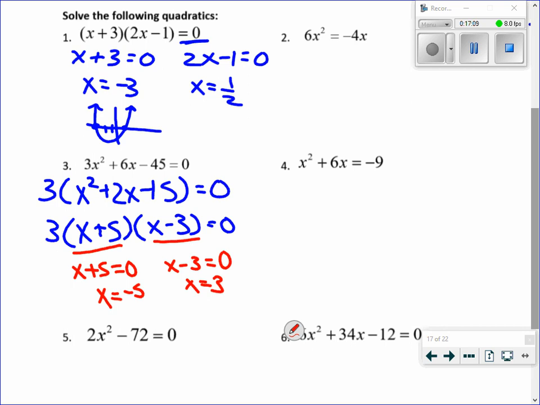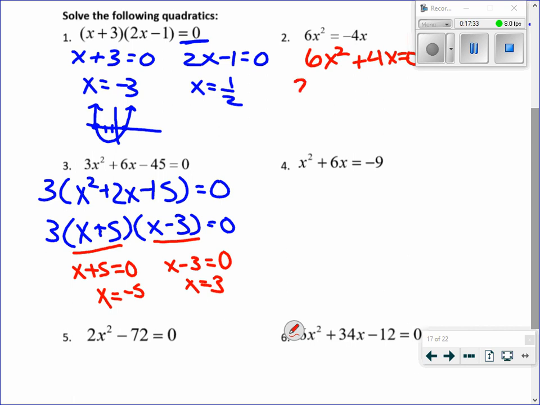It's not equal to 0. So your first step is always making it equal to what? 0. Think about why we're doing that. That's telling us where it is going to hit your x-axis. So making that equal to 0, you would have 6x squared plus 4x equals 0. So same idea here. Do we have a GCF?